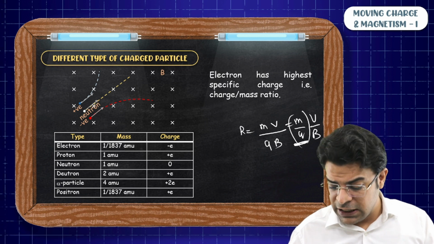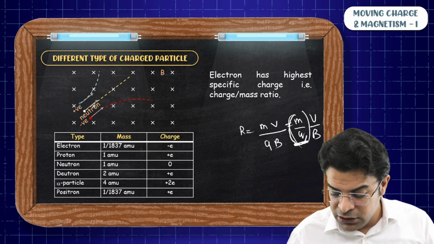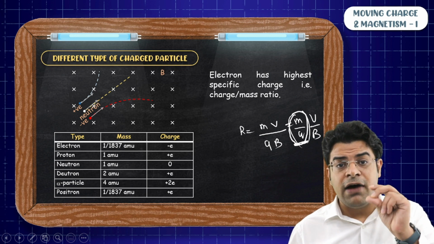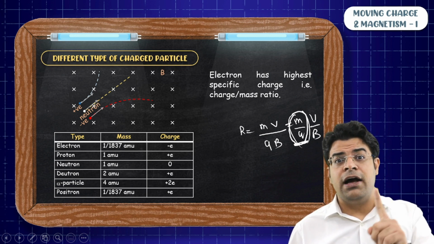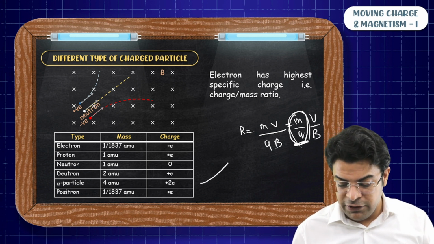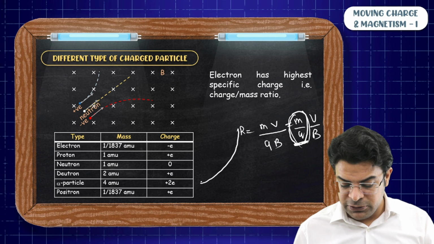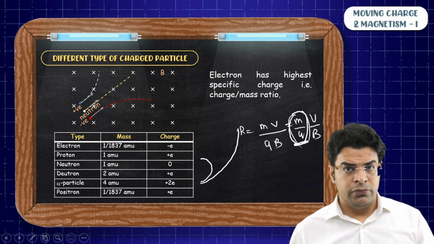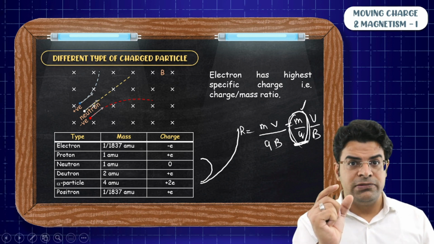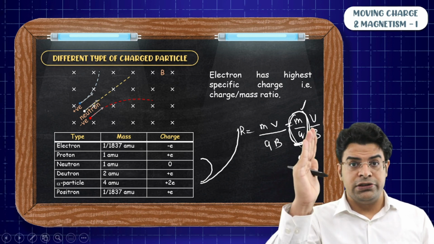For different charges, you will get different mass to charge ratio. The particle which will have highest mass to charge ratio will have highest radius. Highest radius means that the curvature will be less. Lower radius means that curvature will be more, right? So the charged particle which has got more mass and less charge will have more radius.